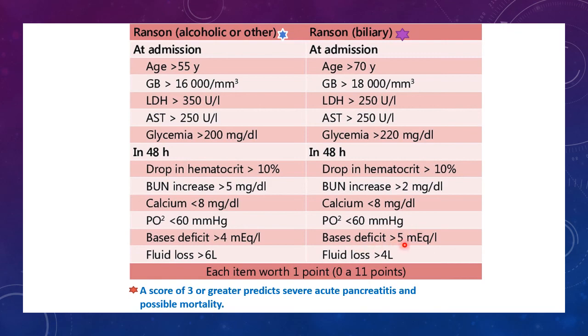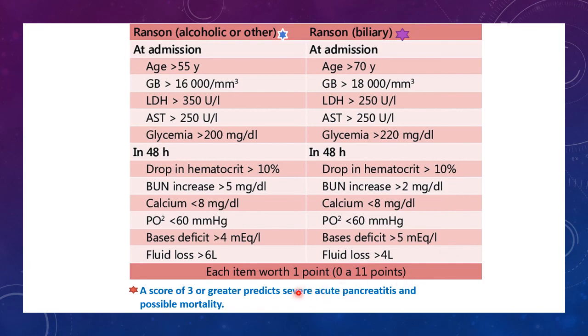Base deficit of more than 5 milliequivalents per liter, and estimated fluid loss of more than 4 liters. If this happens, each of them is also given 1 point.